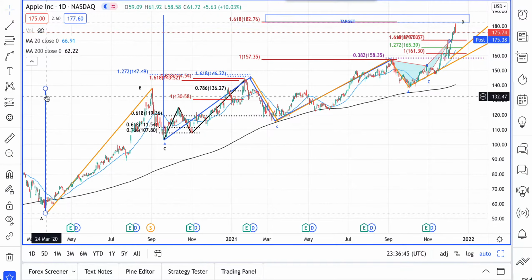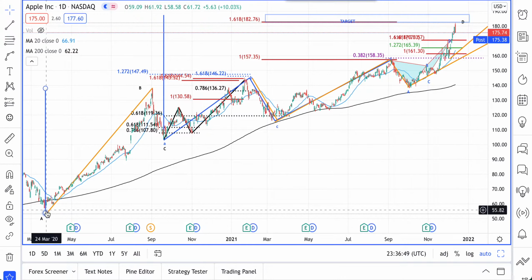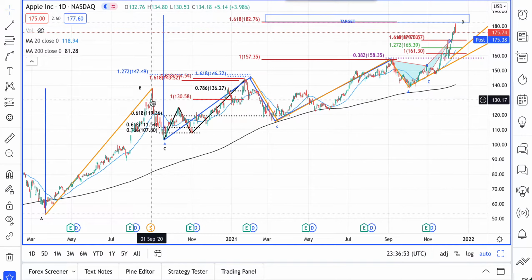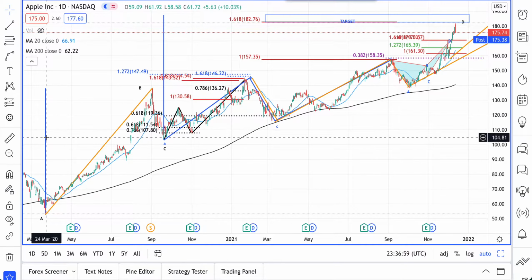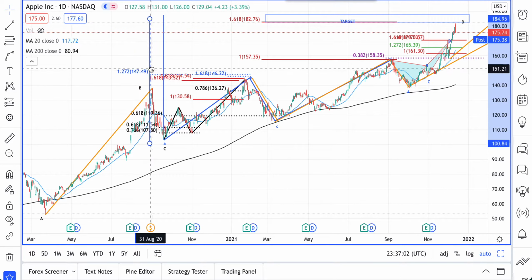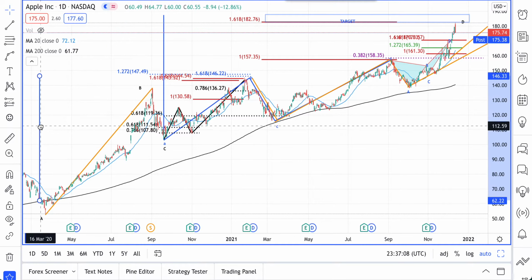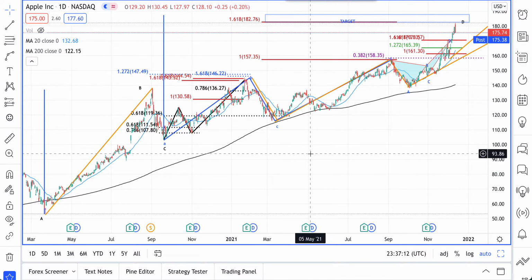Briefly, it's completing an ABCD pattern here. That is this amplitude from the low of March 2020 to the highest point, which we reached in September 2020. You take this and project it from this point here, and what we get is about $188 per share. So that's one ABCD completing in that region.